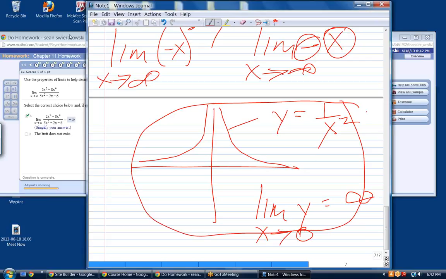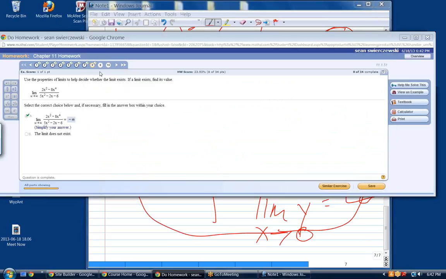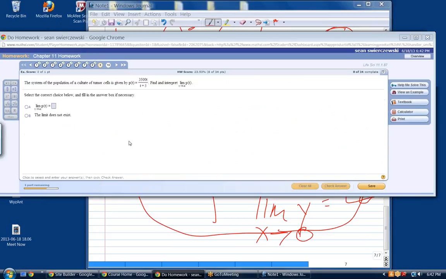All right, let's go to the next one here. So is this just solve for t? Well, notice that if we substitute infinity for t, we have infinity over infinity.